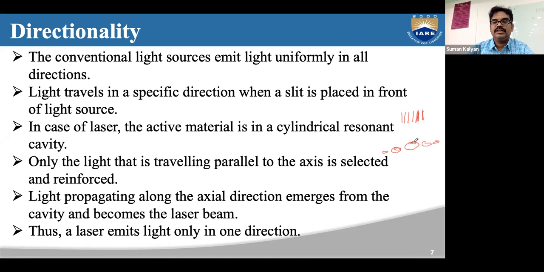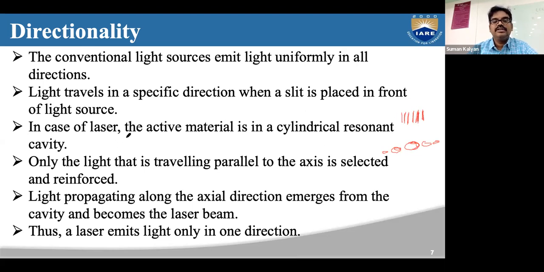Otherwise, if we are using a conventional light source, we'll have fringes which look something like this. This is the interference pattern or the diffraction pattern that we see.